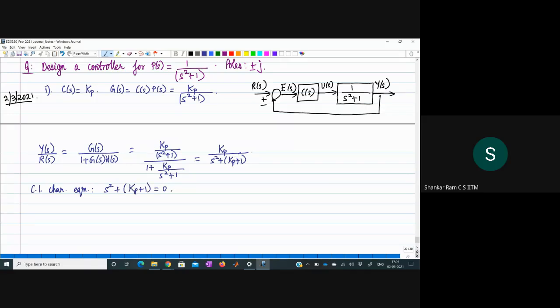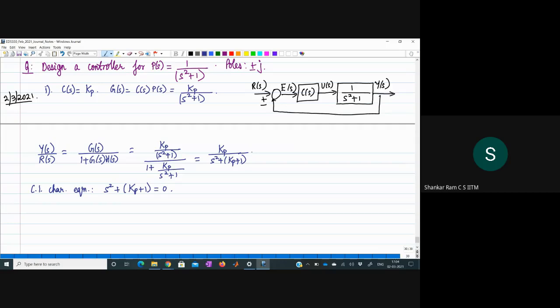So what can we observe if we use the Routh criteria? We can observe that this is a second order polynomial, but the coefficient of s is 0. The coefficient of s is 0, right? So essentially, the P controller will not work.